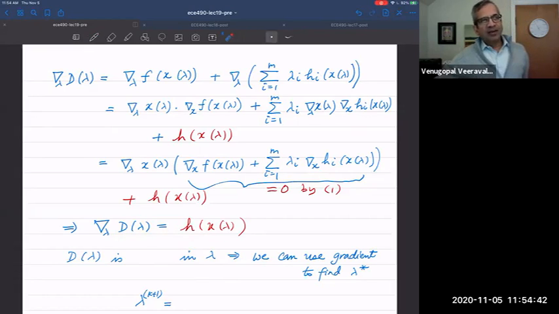In fact, using the subgradient approach, you could prove this result much more easily. It turns out to be just a few lines, 2 or 3 lines. You completely avoid this gradient matrix x lambda, and you'll see that when you do the homework. But the end result is what's interesting: the gradient is h of x lambda.